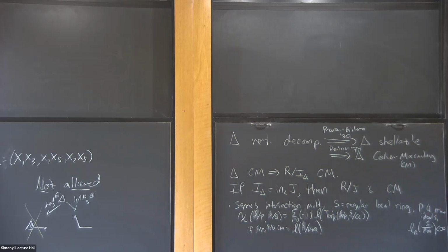Okay, so Cohen Macaulayness is the right condition for doing intersection theory. We like intersection theory.